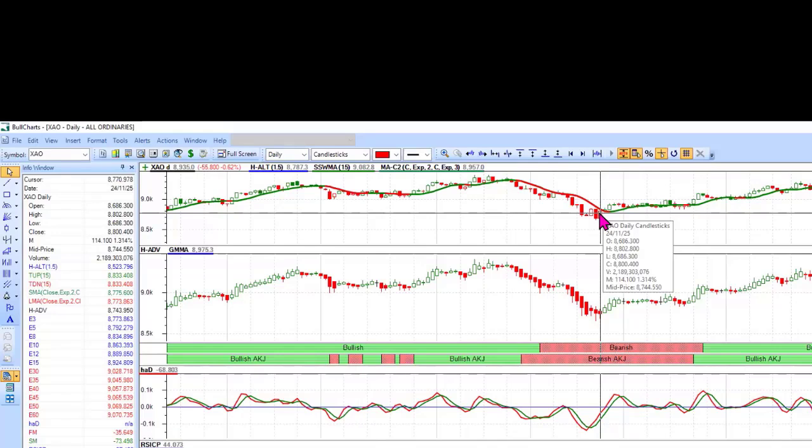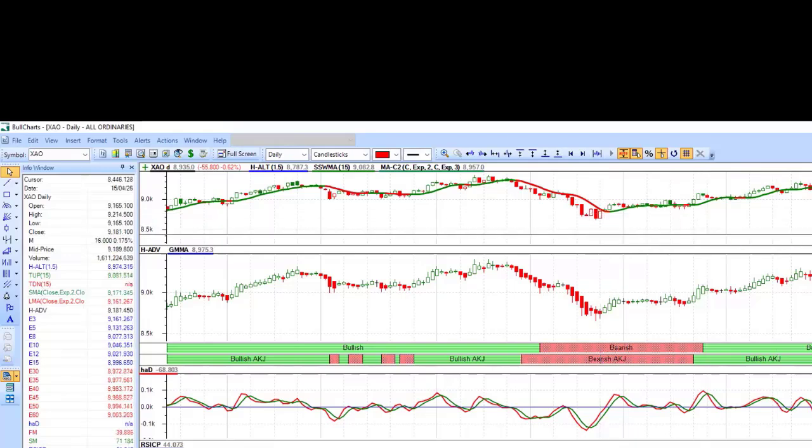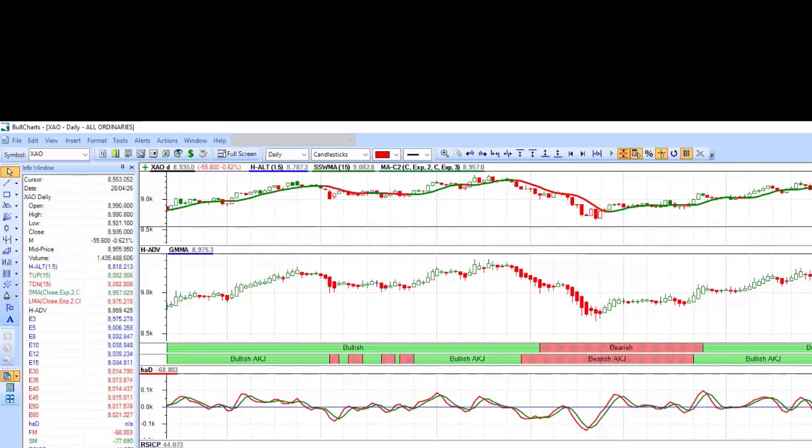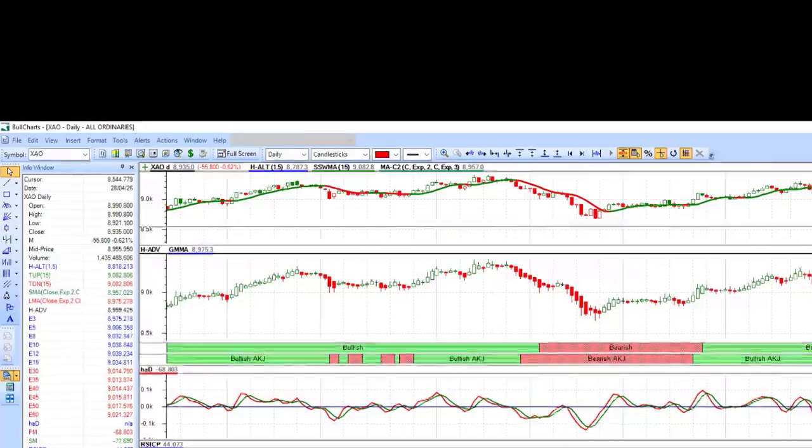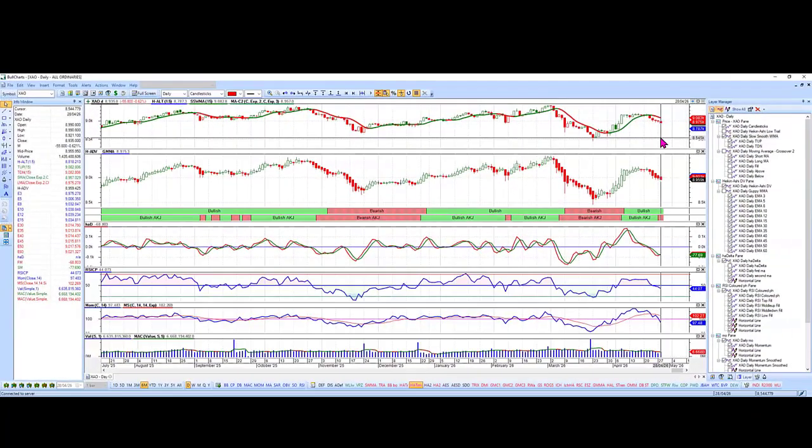I started doing that a few years ago, Robert, and I find having that info window visible at all times is really terrific because you can very quickly look at, for example, today's date, the 28th. I can't move my mouse, but you can go over to open, high, low, close, and you can see the M, which is the movement for the day.